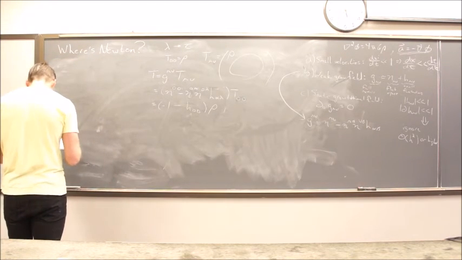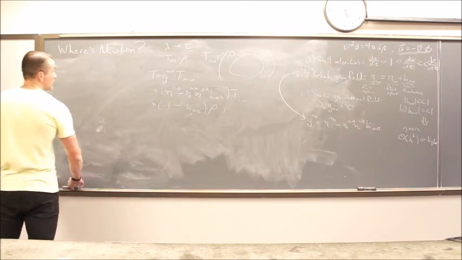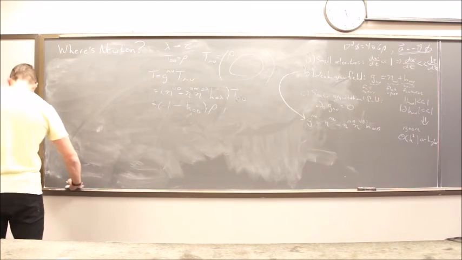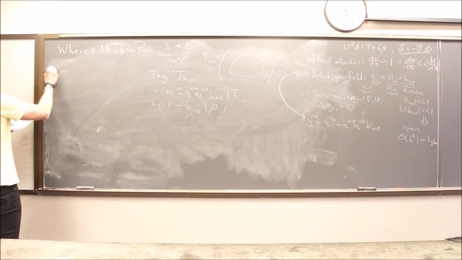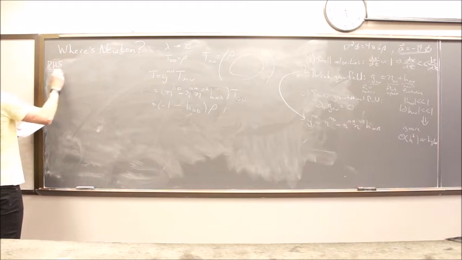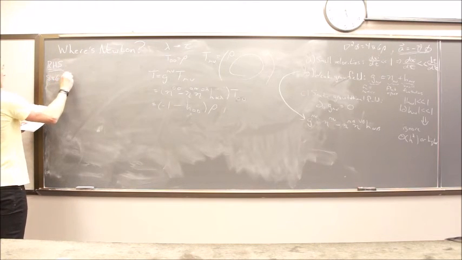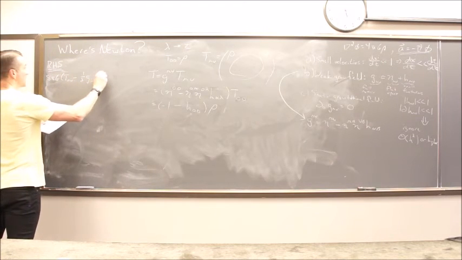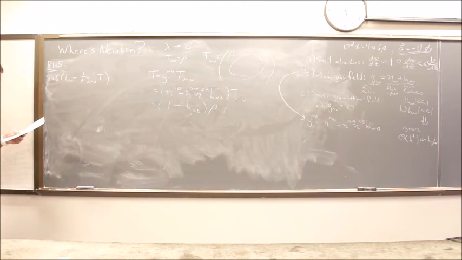All right. So now we can go back to the trace reverse form of Einstein's equation, and I'll see if I can fit it in up here. So the right-hand side of the trace reverse form is 8 pi G T mu nu minus 1/2 g mu nu T. Okay.